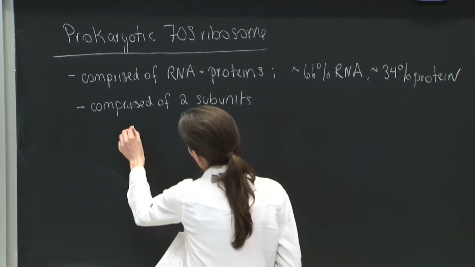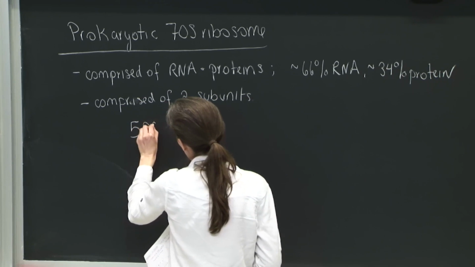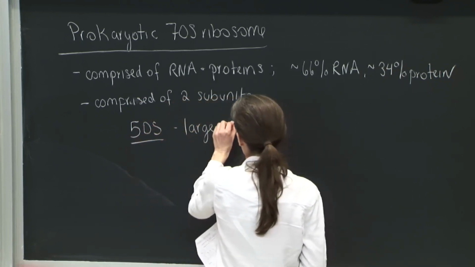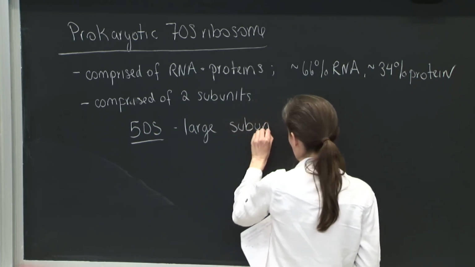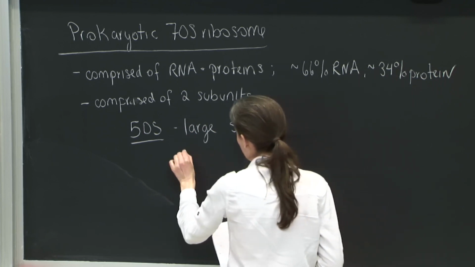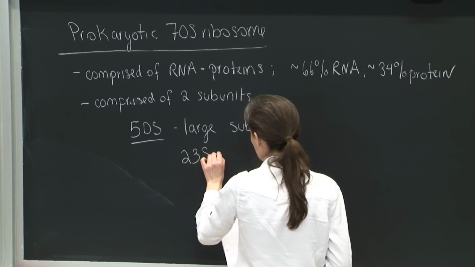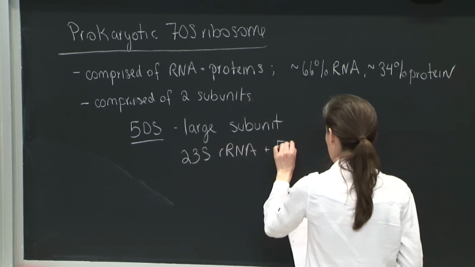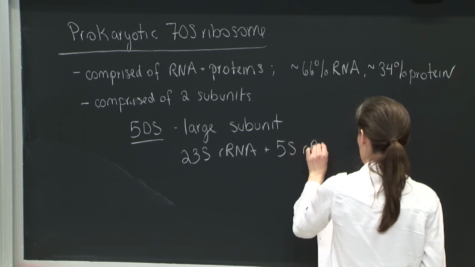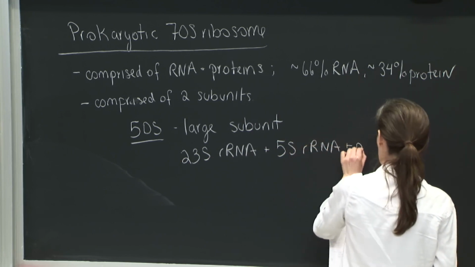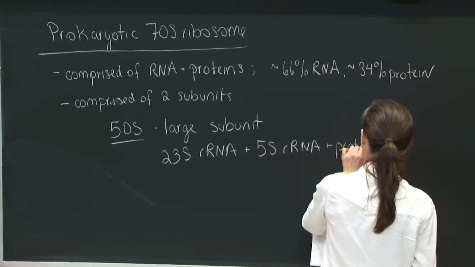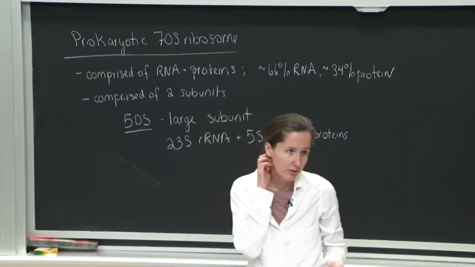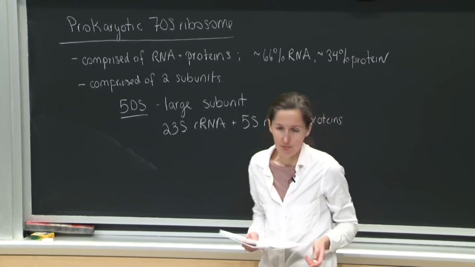In prokaryotes, we have the 50S, which is the large subunit. This is made up of 23S ribosomal RNA, a piece of 5S ribosomal RNA, and proteins. In terms of size, this is huge, approximately 1.5 megadaltons.